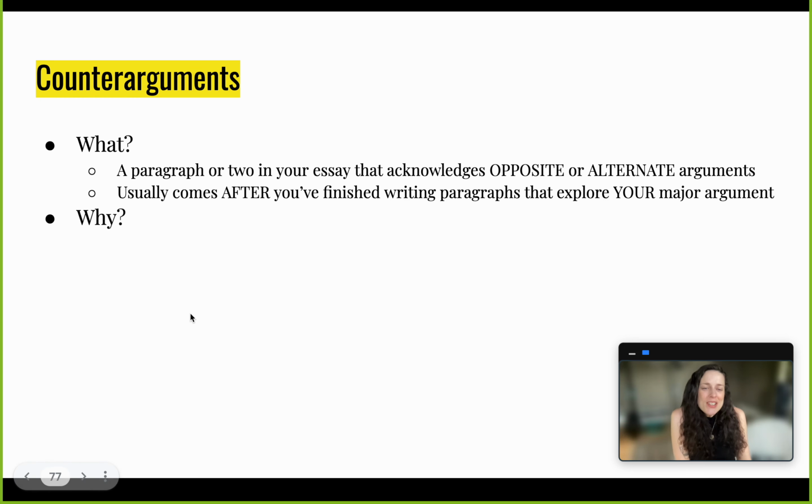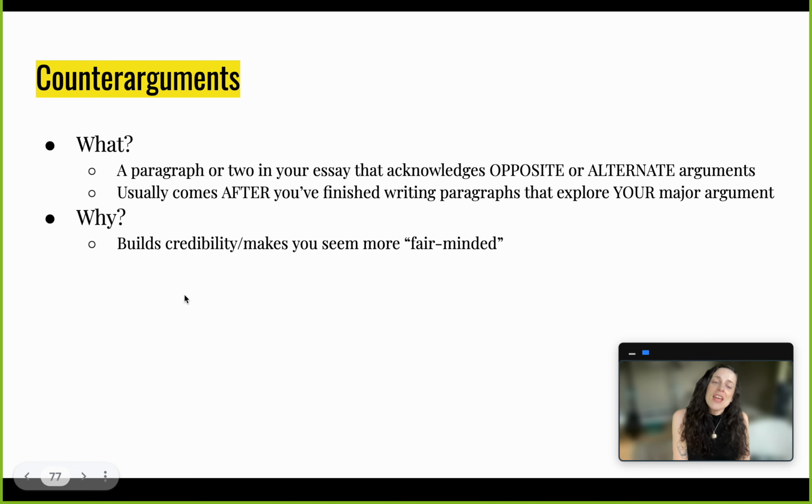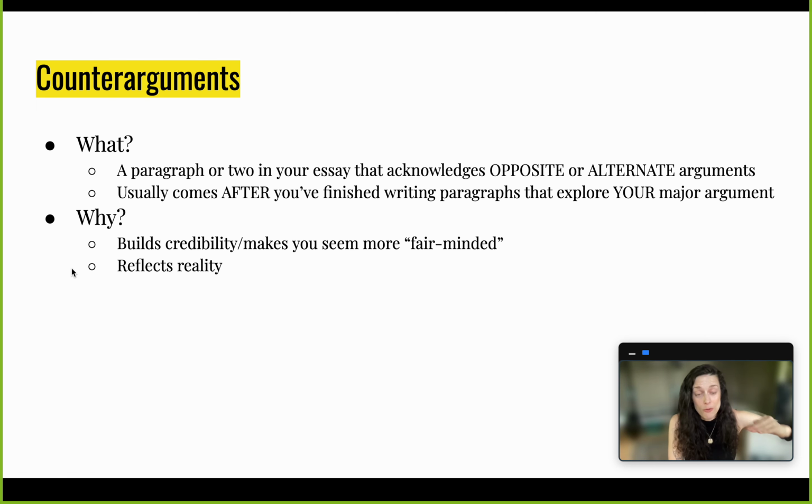Why would you spend time in your essay talking about what other people have to say? Well, it builds credibility because it makes you seem like you know what's going on. You are aware of other opinions, and it makes you more fair-minded. But it also reflects literal reality. The idea of asking someone to make one point for a whole paper is not very close to reality, because we all know that the points we're making can be easily countered by other folks.